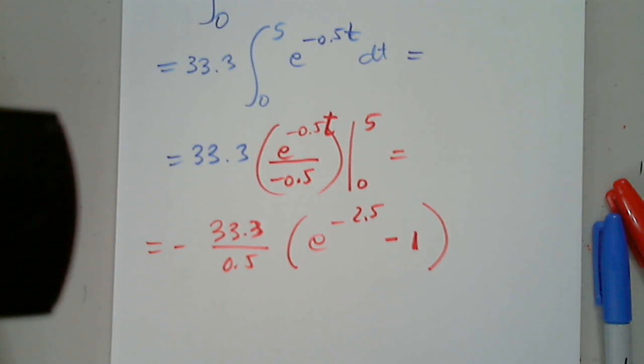So we had negative 33.3 divided by 0.5. I need to put it in parentheses. Sorry, I didn't start with parentheses. Okay. And then again parentheses. And it's e raised to negative 2.5, sorry.